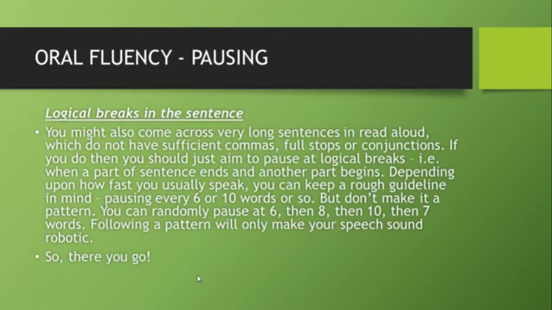This doesn't have to be specific or set, because then again you would have a definite pattern, and a definite pattern would make you sound like a robot, like a machine, like a computer program. You don't want to be like that, because you're being judged on your fluency and your pronunciation. So these parameters have to be taken care of at any cost. You can randomly pause at 6, then 8, then 10 and 7 words. Do not, for sure, follow a pattern at all.